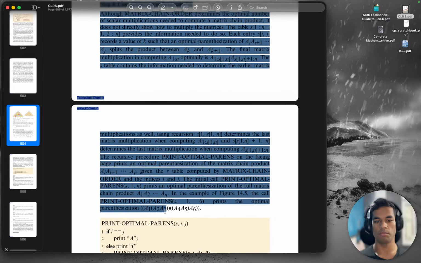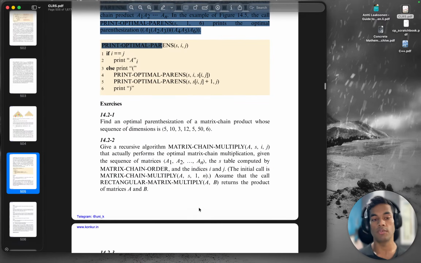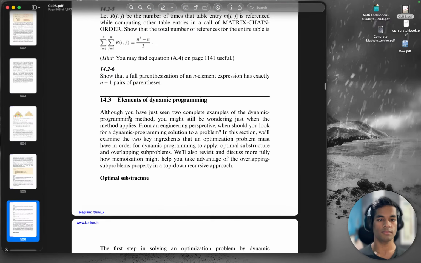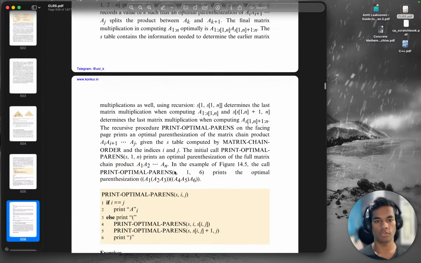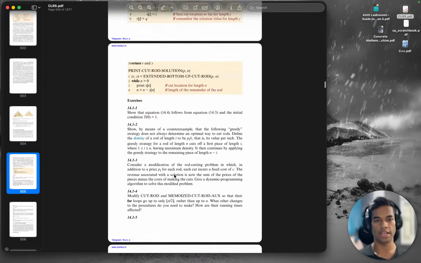Since matrix multiplication is associative, if we multiply matrices in this particular sequence, we would have to perform the least amount of scalar multiplications, and that is pretty nice. And before that, there was the rod cutting problem, which was also pretty nice.